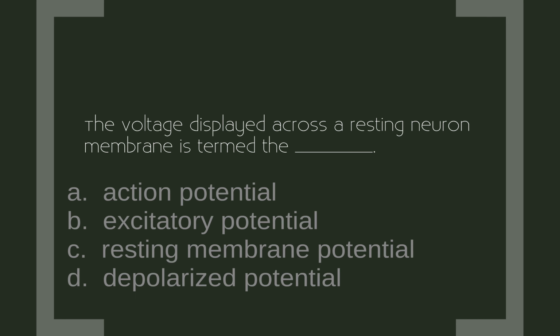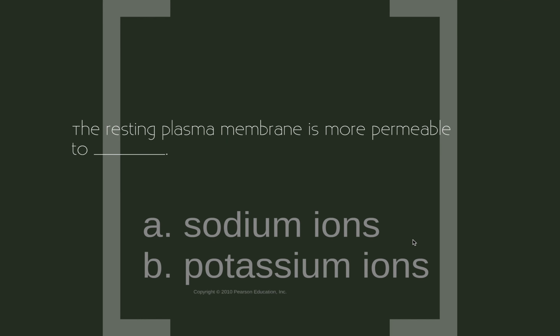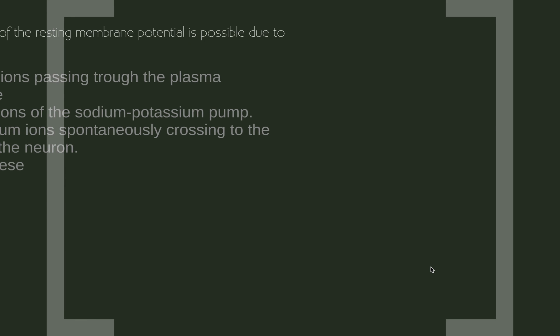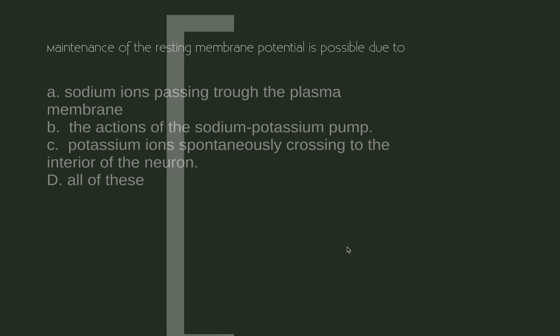Alright, so now we review questions. The voltage displayed across the resting neuron membrane is termed the resting membrane potential. The resting plasma membrane is more permeable to potassium. Maintenance of the resting membrane potential is due to sodium ions passing through the plasma membrane, actions of the sodium-potassium pump, or potassium ions spontaneously crossing the interior of the neuron.